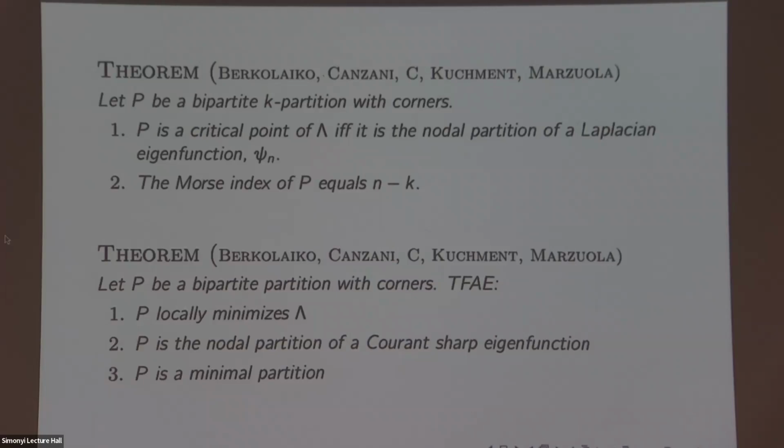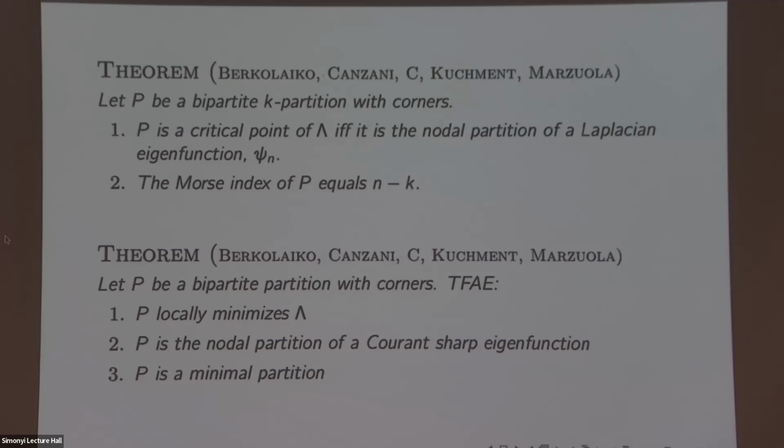It's 0 exactly for a Courant-sharp eigenfunction, where k is equal to n. It has the maximum allowable number of nodal domains. And so an immediate consequence is that a Courant-sharp eigenfunction gives you a critical point with Morse index 0, and vice versa.